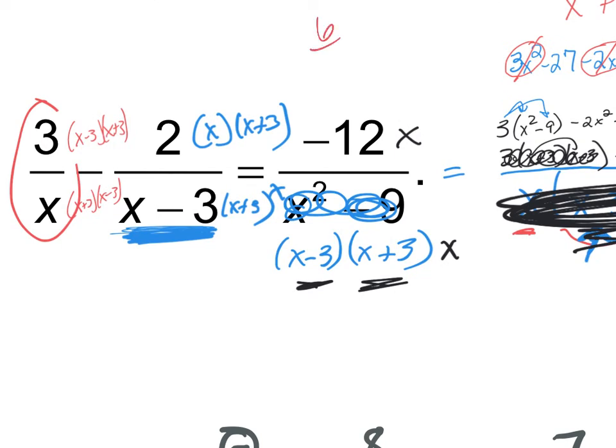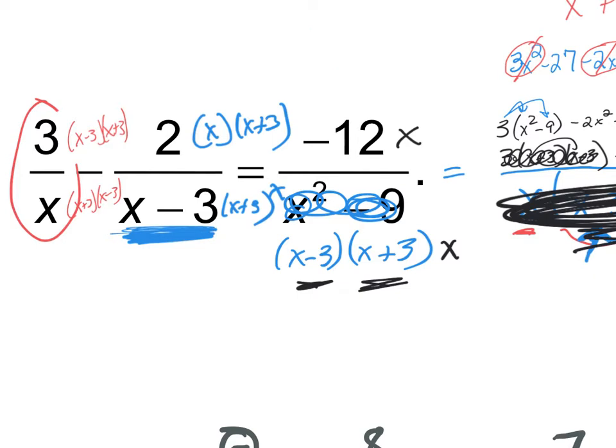Can I have this? Guys, are you allowed to have 6 over 0? No, you cannot have 0 in a denominator. So you have to go back.